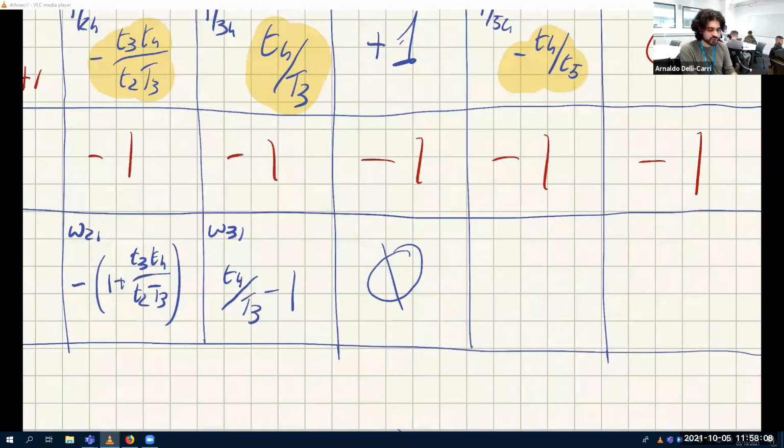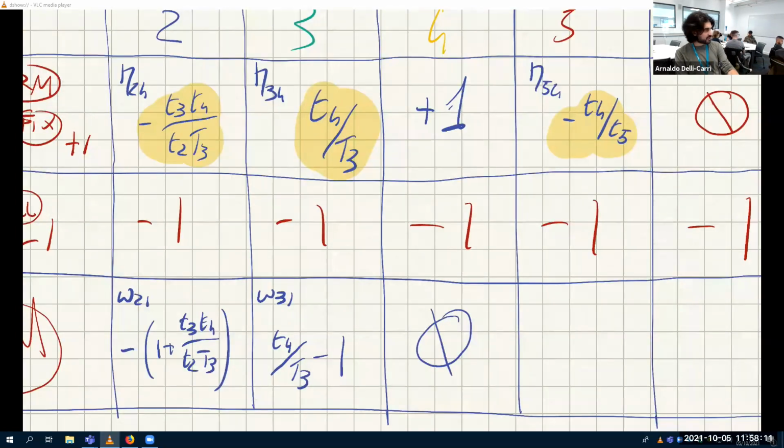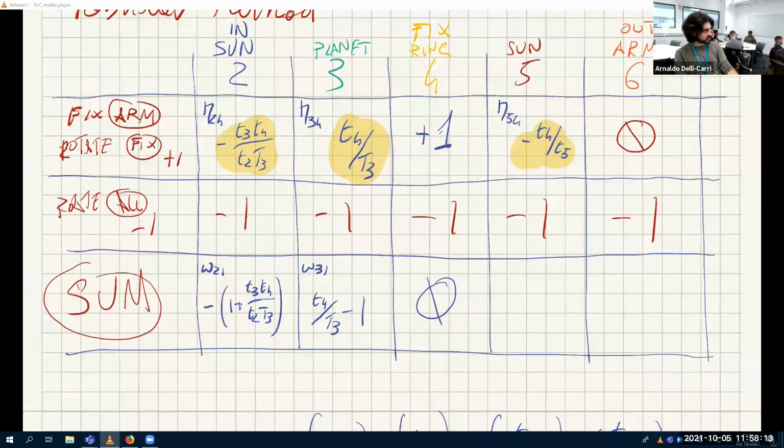In the absolute motion, the ring is fixed, doesn't rotate. And it makes sense because the ring was fixed in the first place. So this is a sanity check. This is minus 1 plus T4 over T5, and this is minus 1. So this is omega 3, 1, this is omega 4, 1, which of course is 0, omega 5, 1, and omega 6, 1.